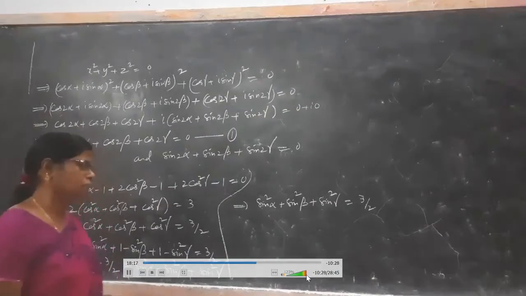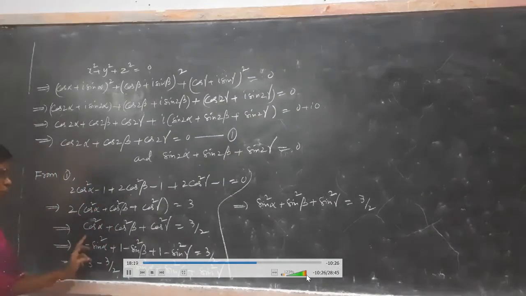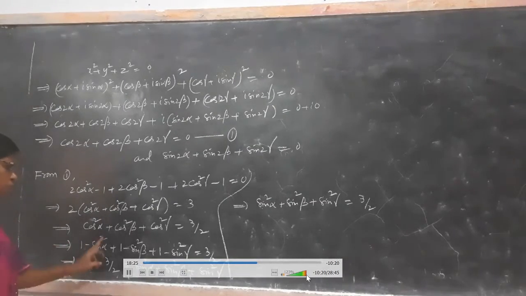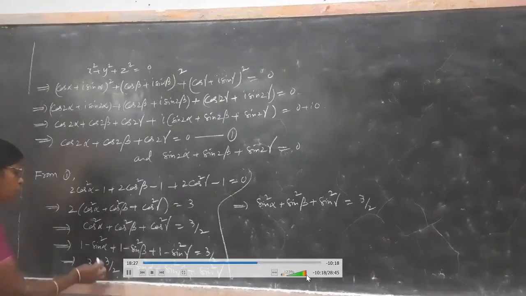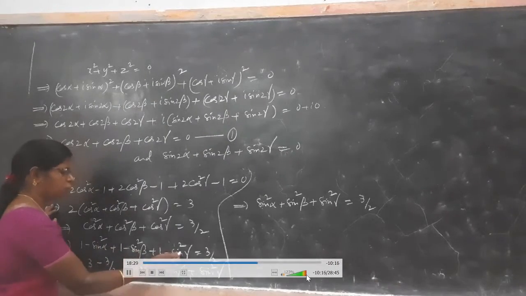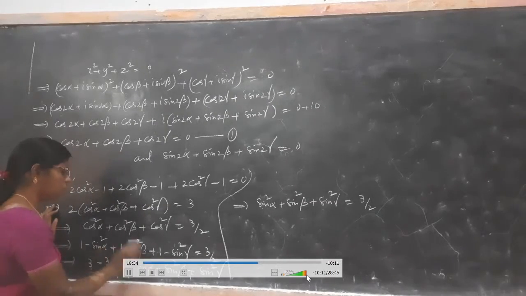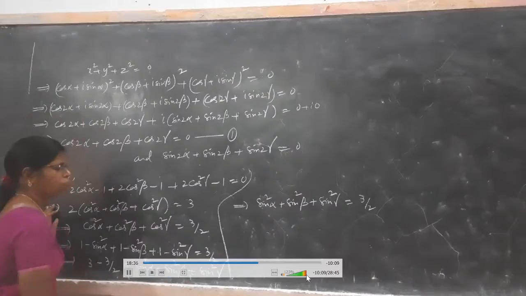So we got this one. Similarly from the second, write cos square alpha as 1 minus sin square alpha, and similarly for the others. Send all these 3 terms to the RHS, so that 1 plus 1 plus 1, 3 minus 3 by 2 is equal to this one.